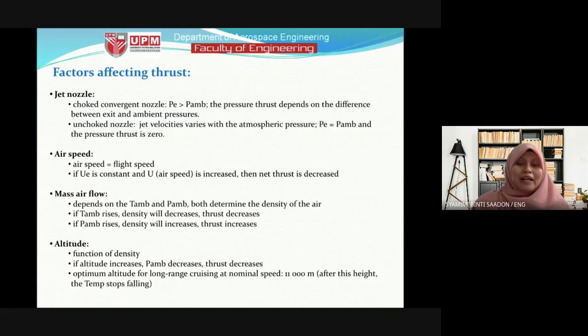I suppose you have learned the Venturi effect in Aerodynamics 1. A Venturi is like a convergent-divergent nozzle, right?